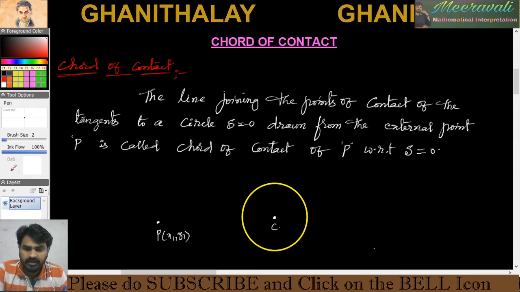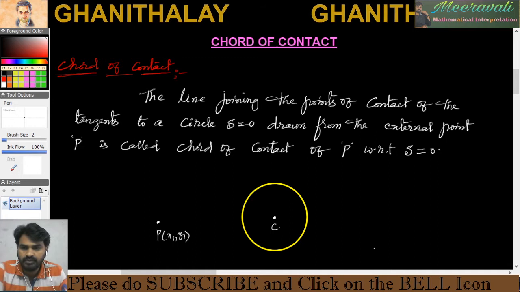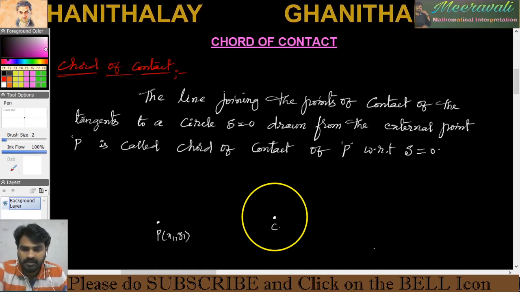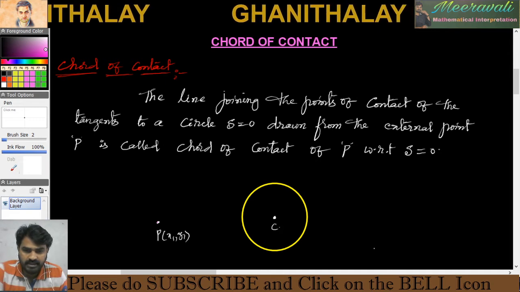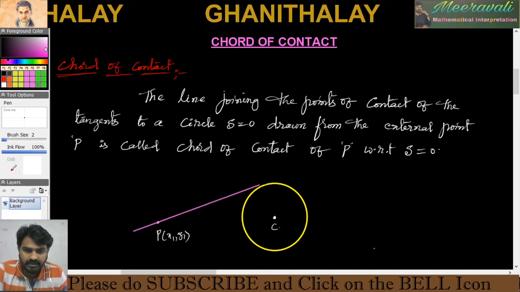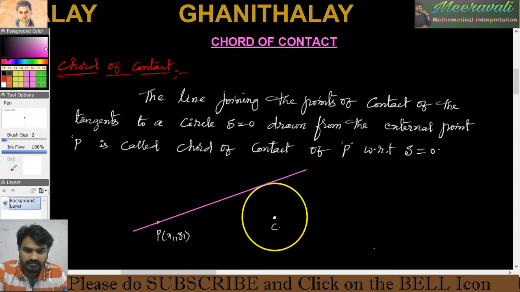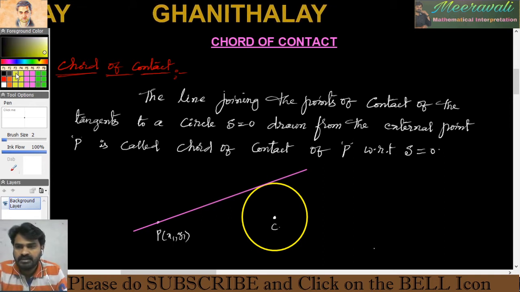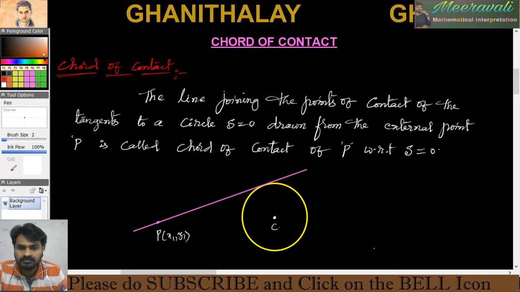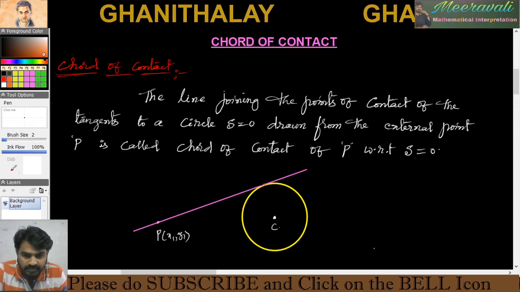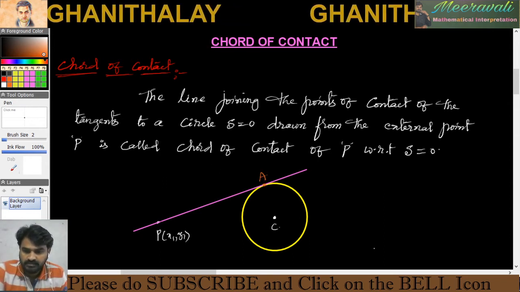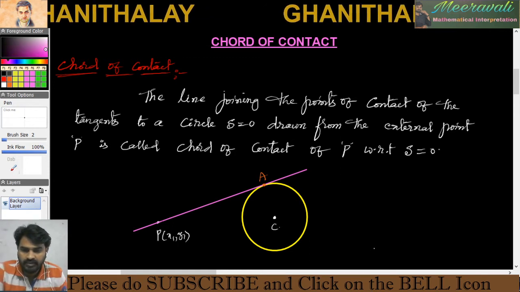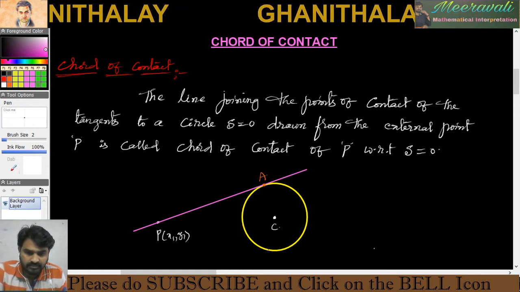Here we can draw two tangents from the external point. Suppose I draw a tangent like that. Let this tangent touch the circle at a point A.